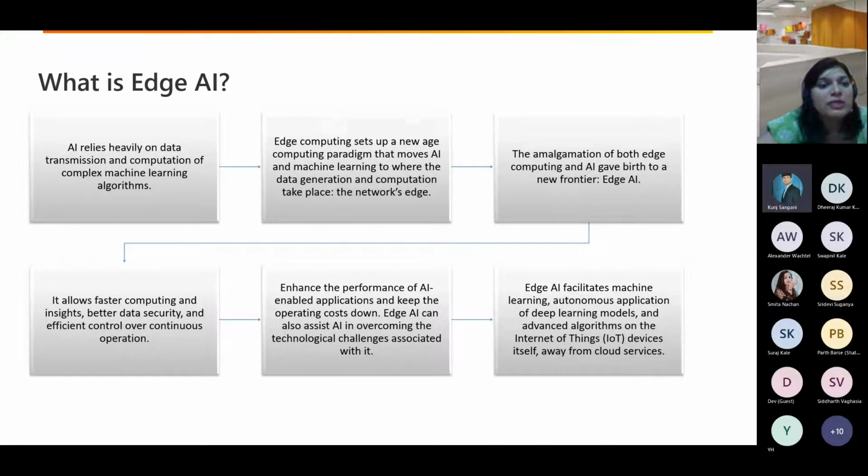Imagine the vision analytics models are trained on GPU clusters, GPU machines, and then that heavy model, sometimes running to more than a few gigabytes, you have to deploy on a small edge device, and it should be able to make decisions.